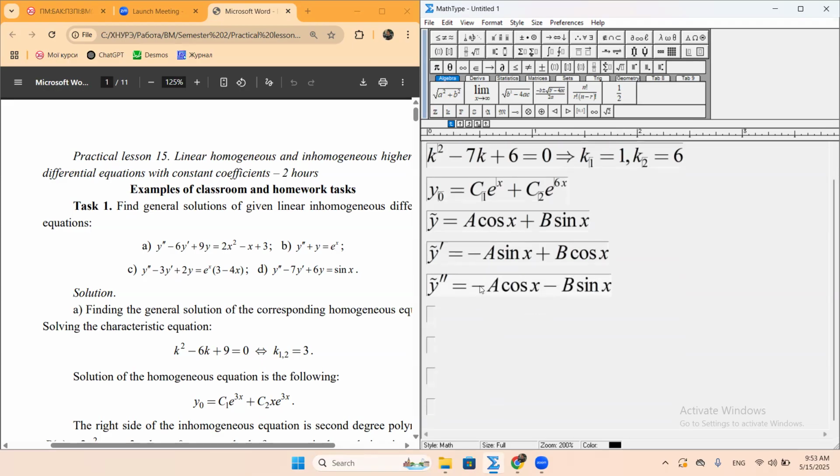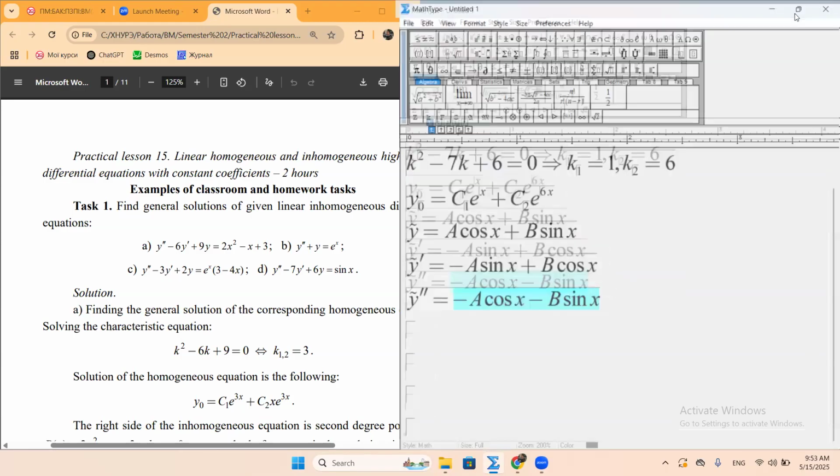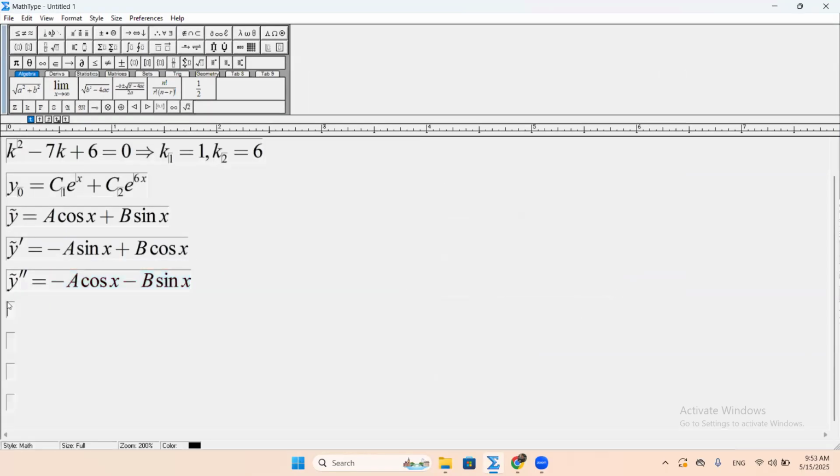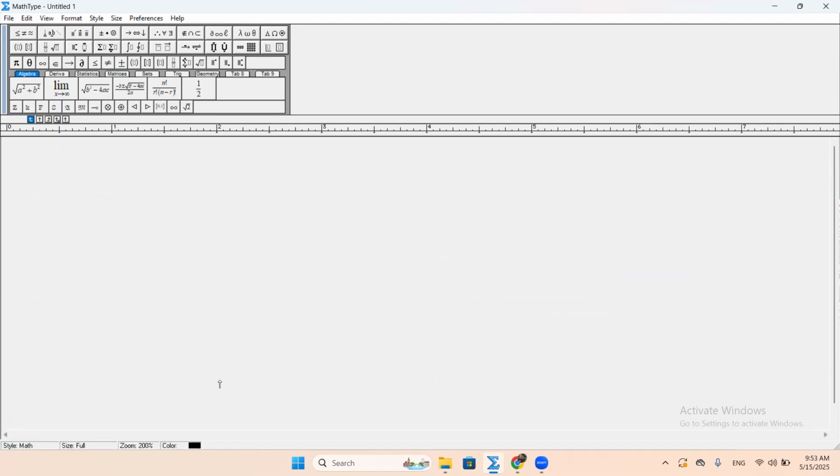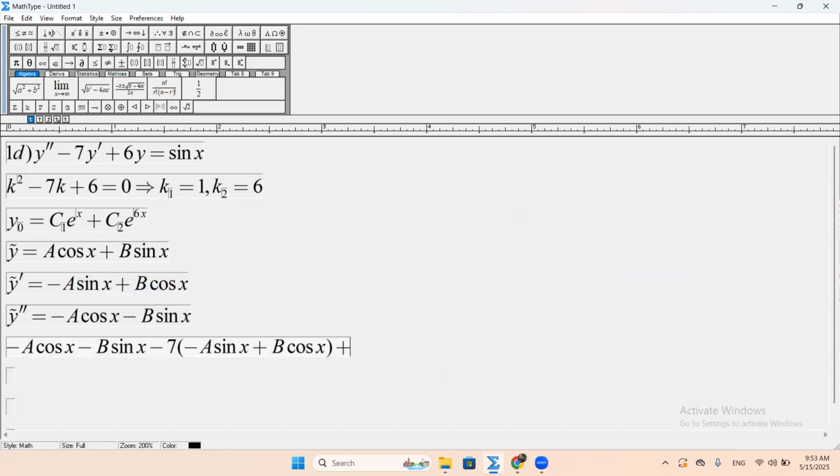Now substituting it into the initial equation: minus A cosine of x minus B sine of x, minus 7 multiplied by this expression, and plus 6 multiplied by this expression, and it equals sine of x.